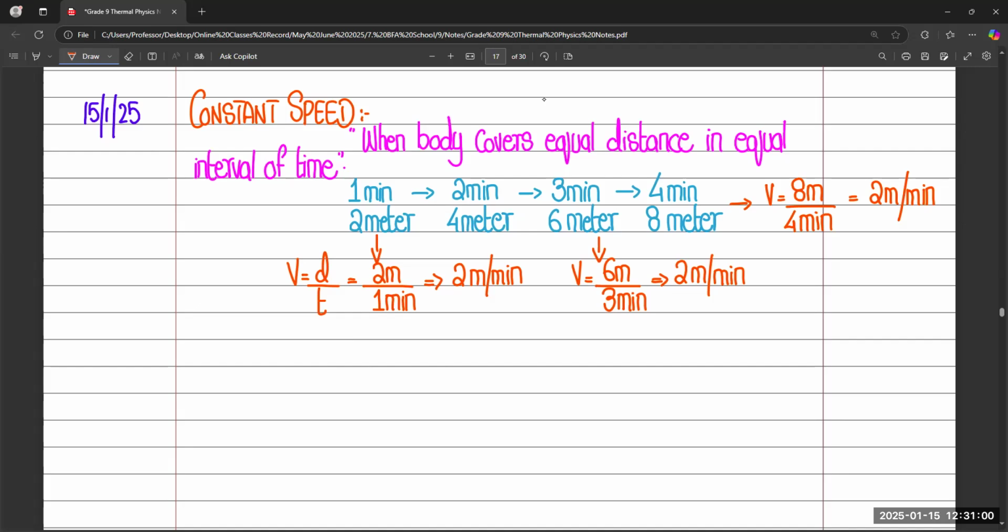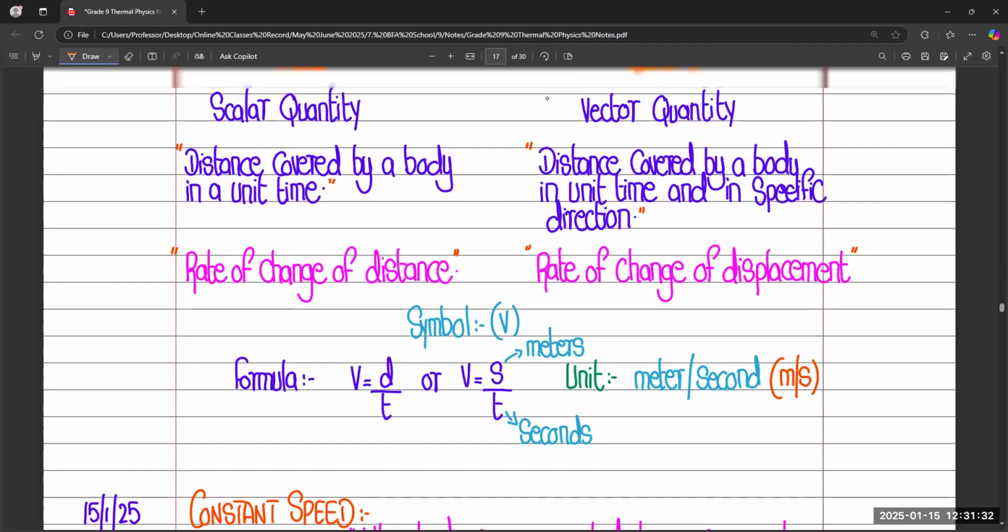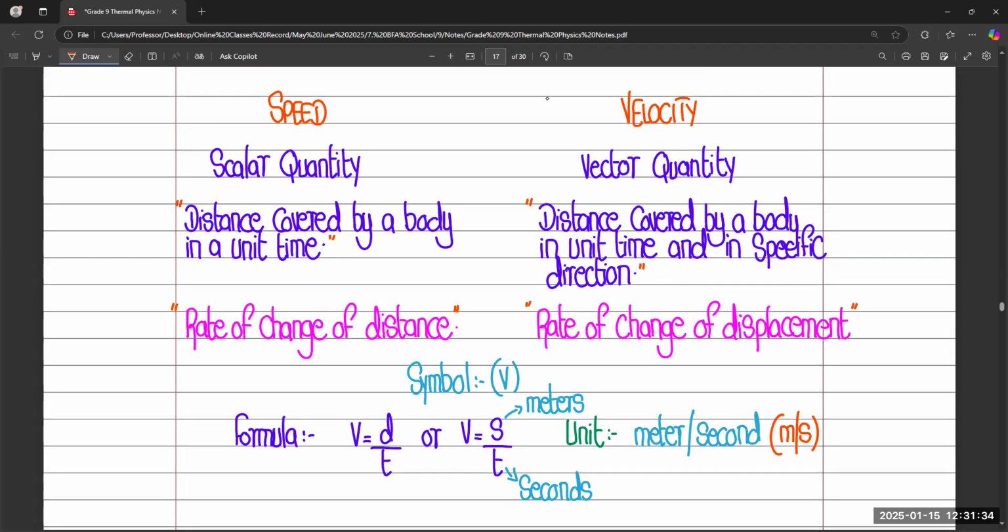So let's consider the idea of constant velocity. If you remember the difference between speed and velocity, speed is a scalar quantity, velocity is a vector quantity, right?